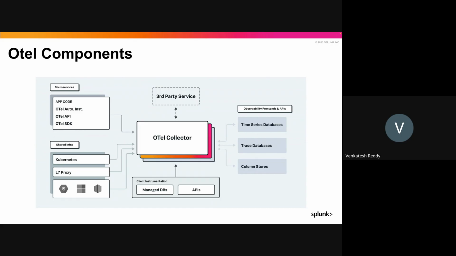Maybe you have microservices, or maybe a monolith, running on some infrastructure, maybe on premises, maybe from a cloud provider. You could be using orchestration like Kubernetes, or connecting to third party services, maybe through API calls. All of that data needs to be collected in some way, and that is what OpenTelemetry is trying to provide an answer for.